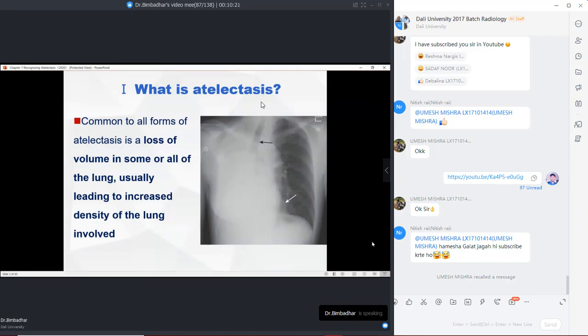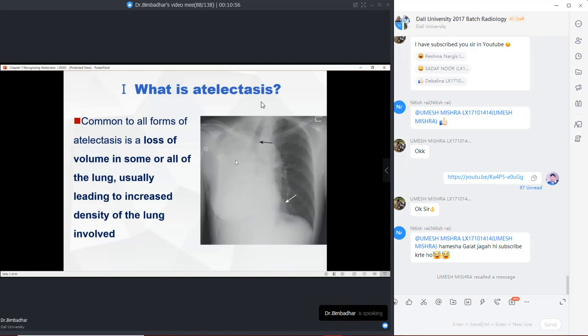You can see in this picture that the complete right hemithorax has been opacified. I can also see that the right heart shadow is completely obscured by this opacity here, and at the same time, the trachea has been deviated to the right.